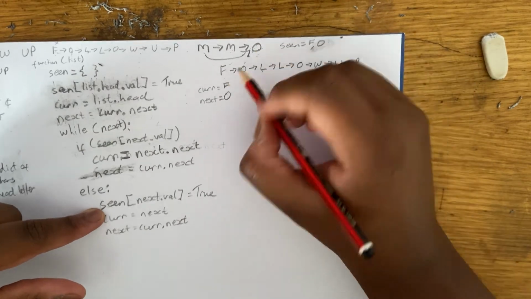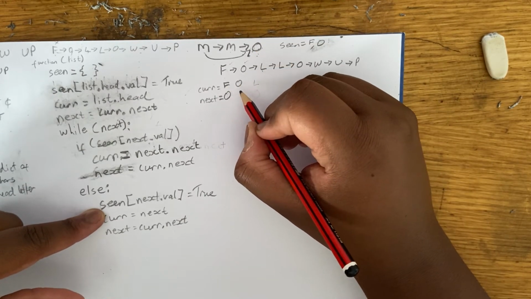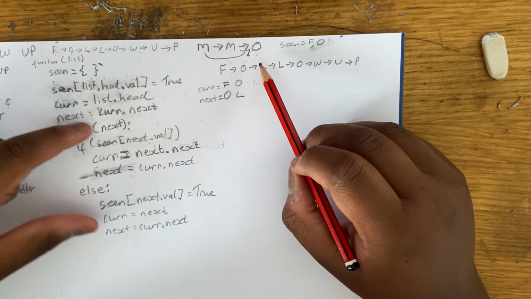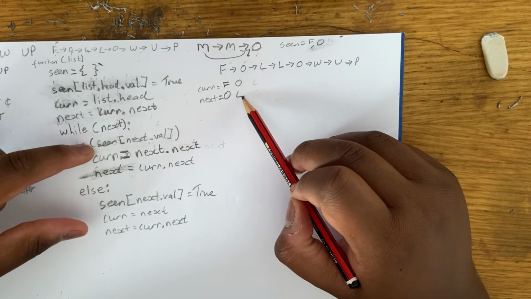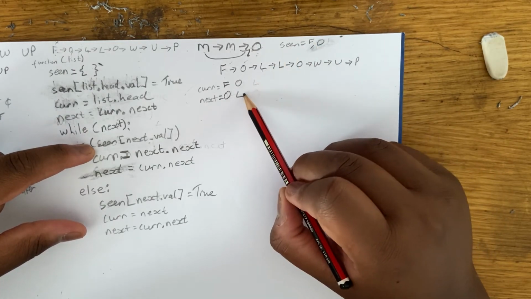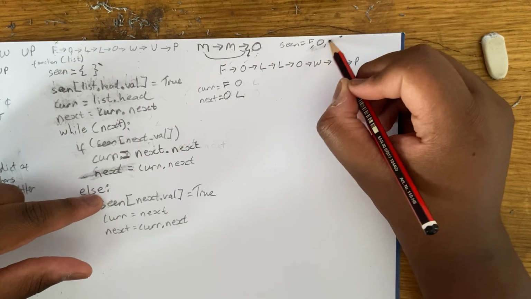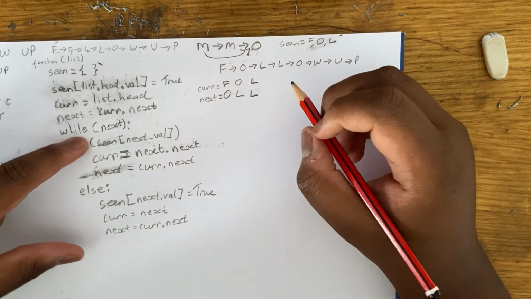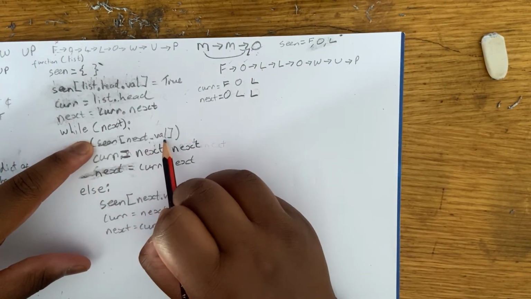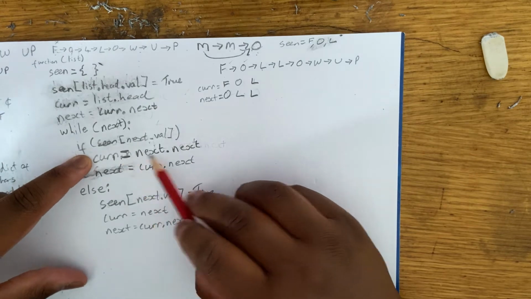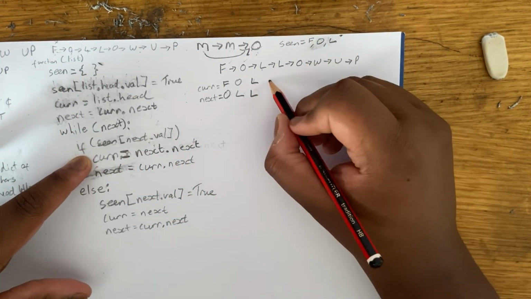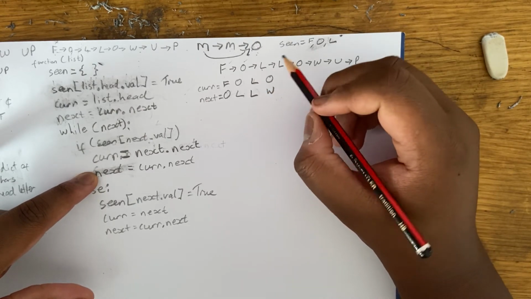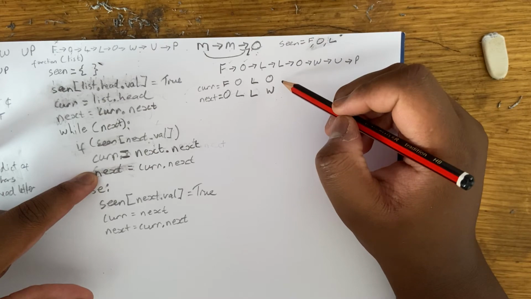The current is equal to next, which is O, and then the next is now L. Have we seen an L? No, so we add our L here. Then the current is L, and the next one is L. Have we seen it? Yes. Here we go, we've seen something there. So then the current is equal to next dot next, so that's the O, and then the next is W. And then we continue on.